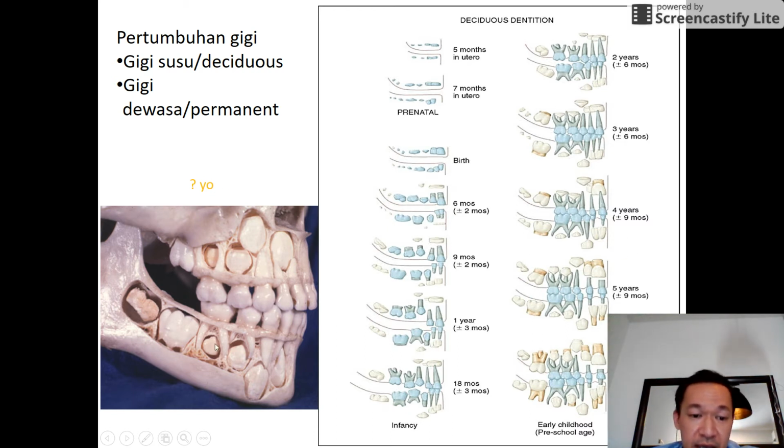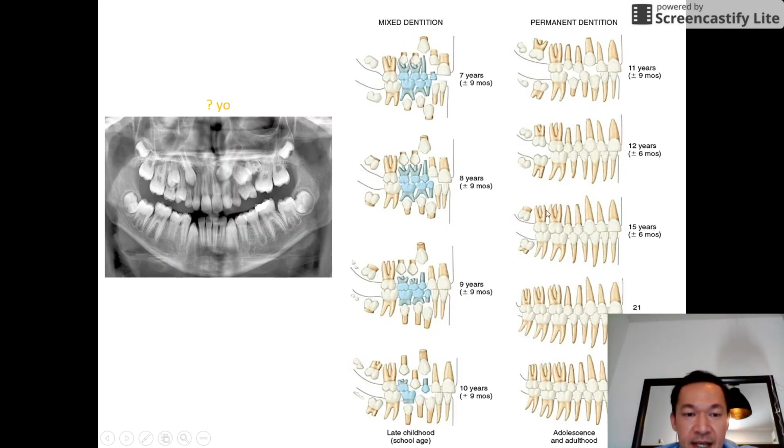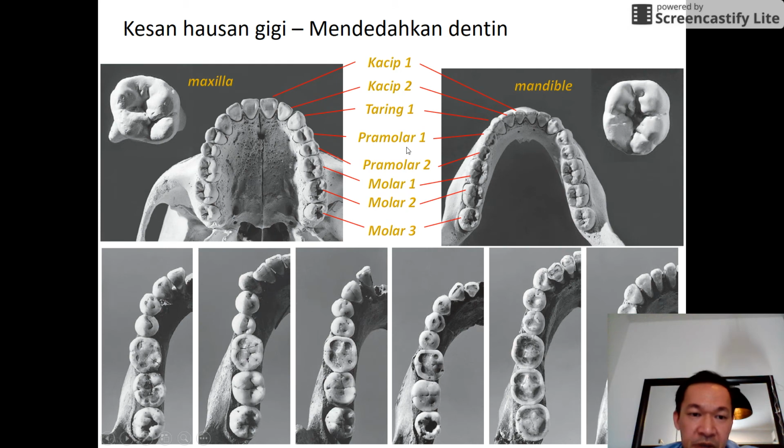So by looking at this picture and comparing to this chart, you'll be able to tell how old this specimen is. And another way of looking at it is by taking an X-ray. The X-ray would give you a very clear picture as well, and you can compare it to the same chart for age estimation.